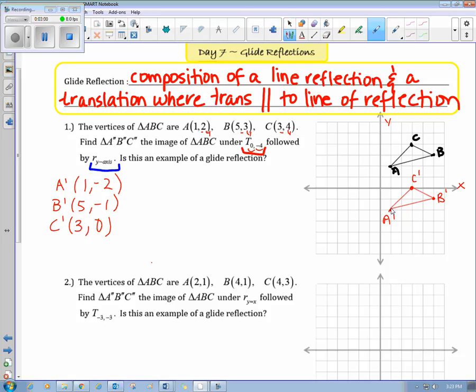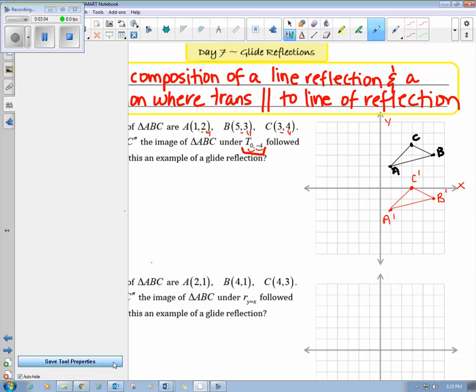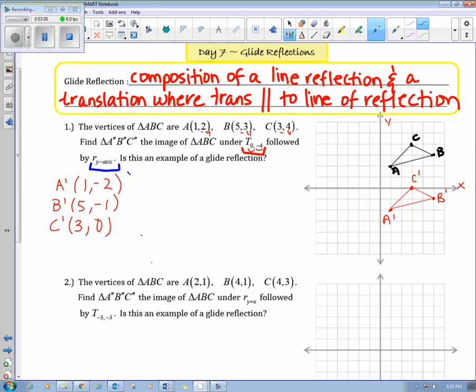From here, I now have to take that second triangle and turn this into the double prime triangle. So I'm going to have A double prime, B double prime, C double prime. And it's telling me that I'm going to create that new triangle by doing a reflection over the y-axis, which is (-x, y) for the rule. And of course, you can count on your graph paper.